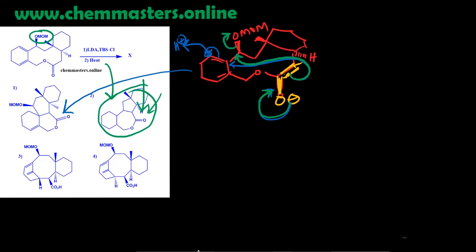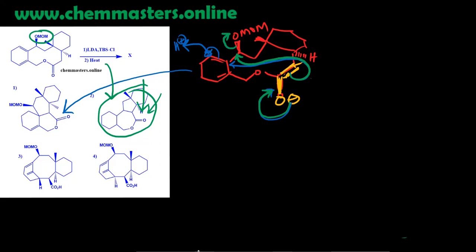So it is better to try the step by step mechanism, then only one can get the correct product of a given organic reaction, and one can get a good score from the organic chemistry part of that competitive examination.